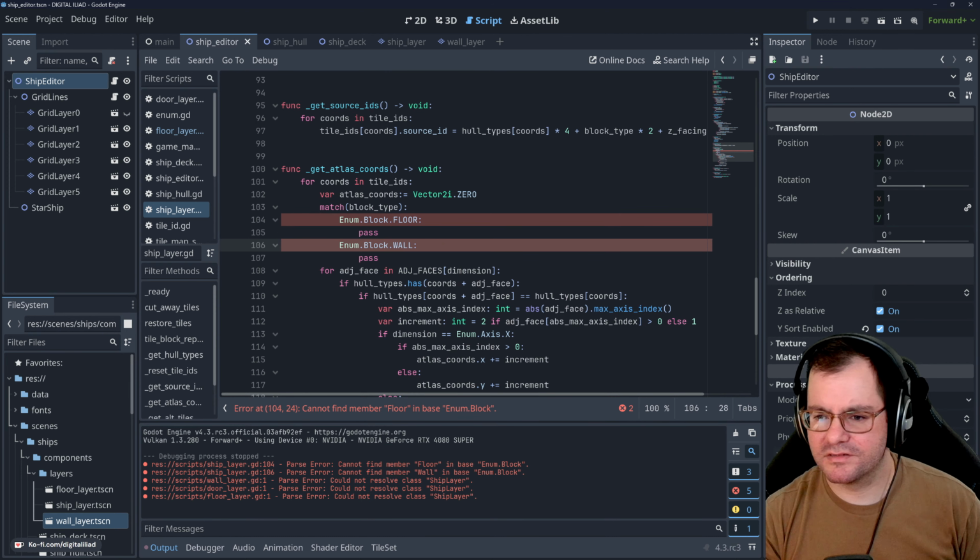There we go. Okay, so if it's a floor, we want to say if tile blocks, or we want to say if hull type's coords is the same as our hull type, as block type.